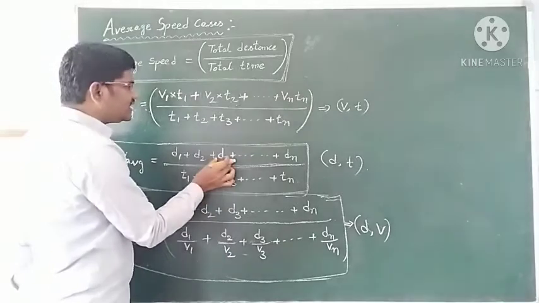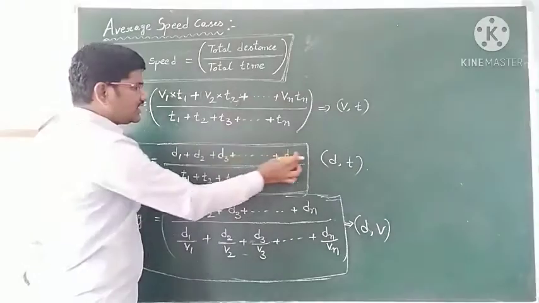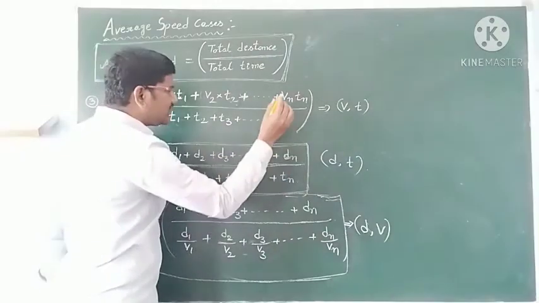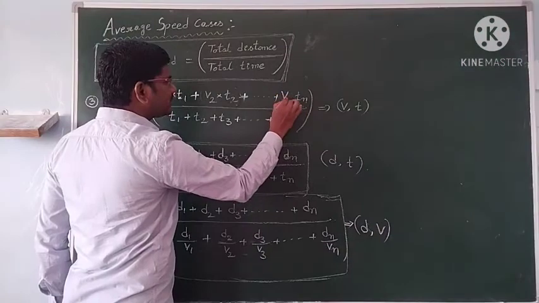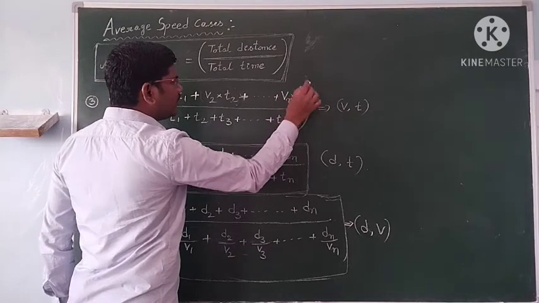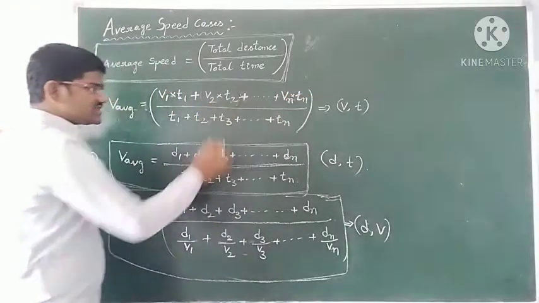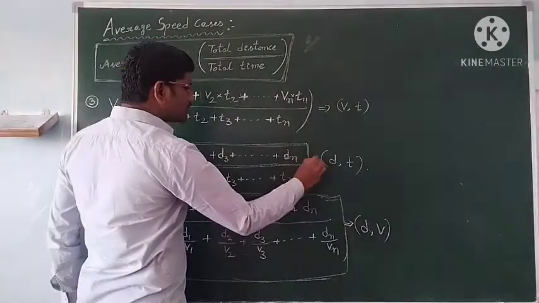Similarly D3 is V3 into T3. Dn, what will you write, students? Vn into Tn. So this is about the different formulas.